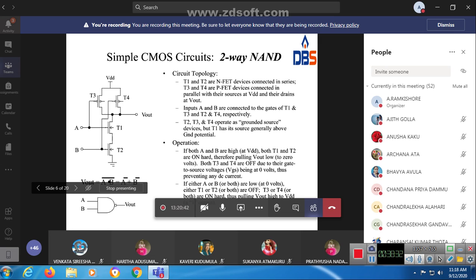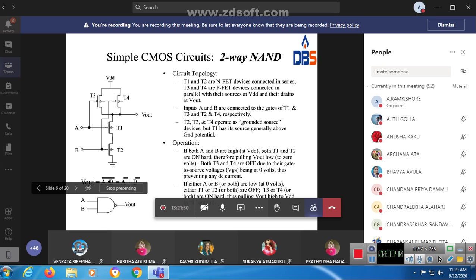Here we have A and B. If both the inputs are 0, they are given to both the PMOS transistors and both the NMOS transistors. If we give 0 0, what happens to the PMOS transistor, does it turn on or off? It turns on. When we give 0, the bubble inverts it and the PMOS is on. For the NMOS transistors, 0 makes both transistors off. So both PMOS transistors are on, and there exists a conducting path from VDD to Vout.